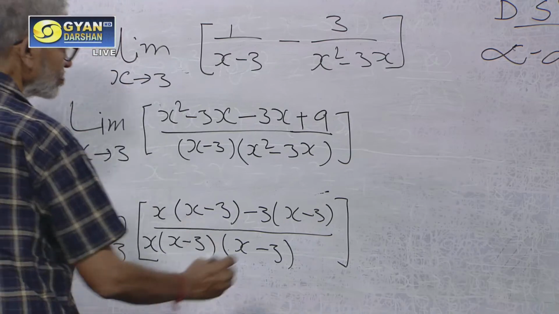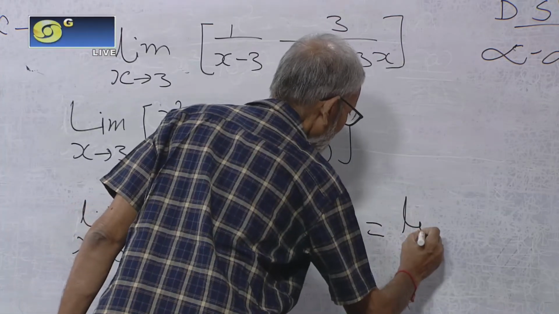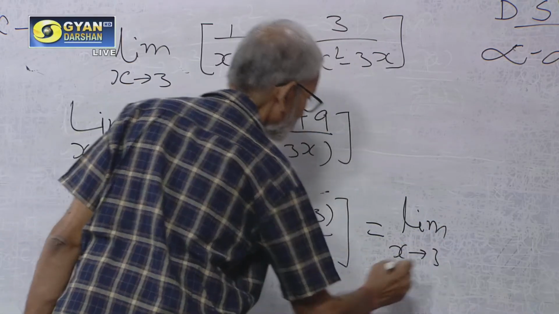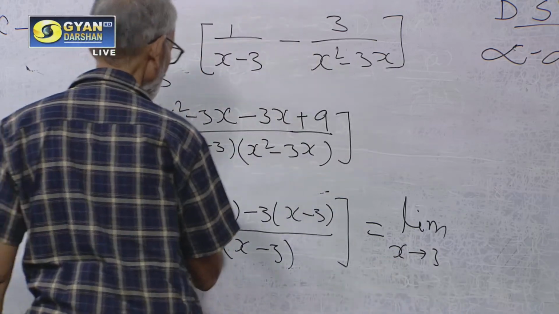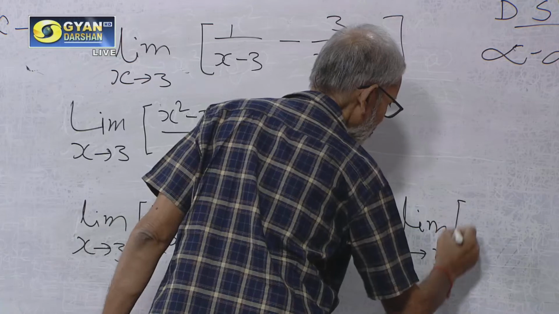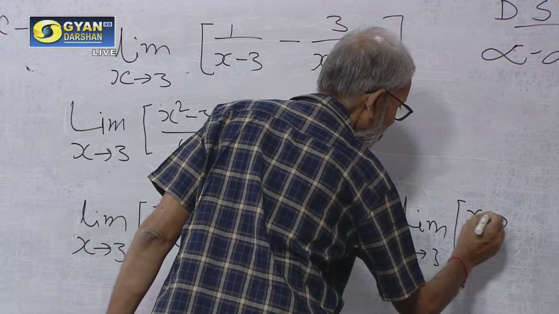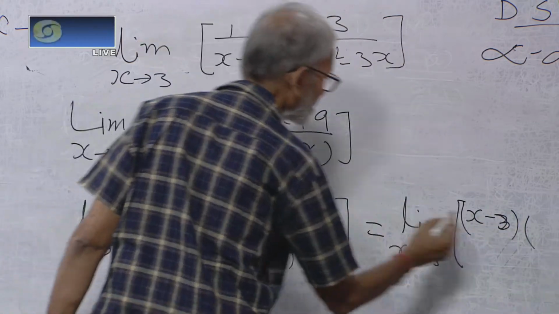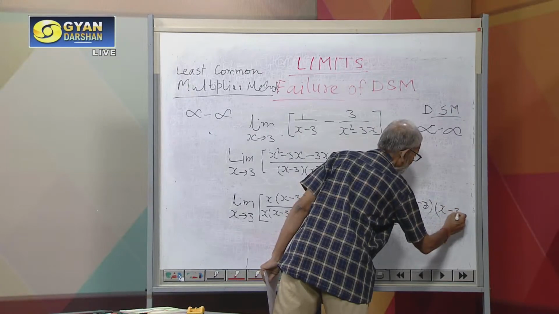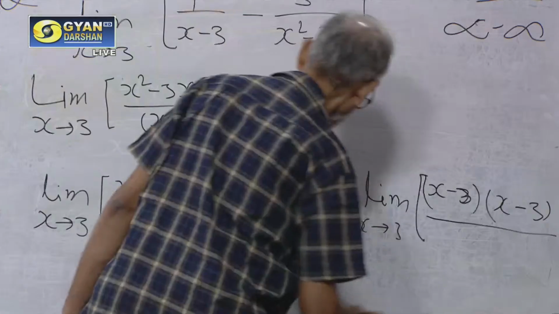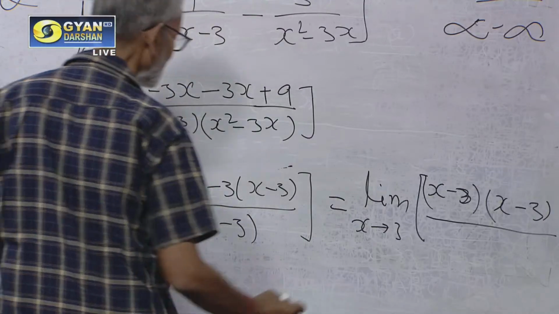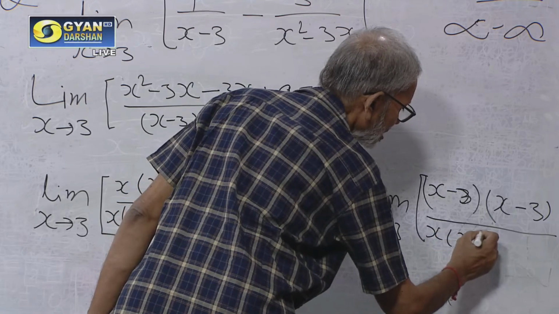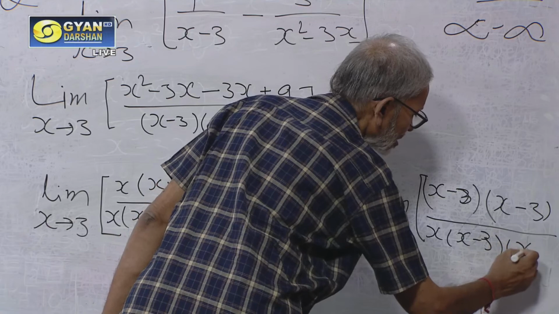So, this will become limit x tends to 3, x minus 3, let us take common. So, here will come x minus 3, and here it is already factorized, so x into x minus 3 into x minus 3.